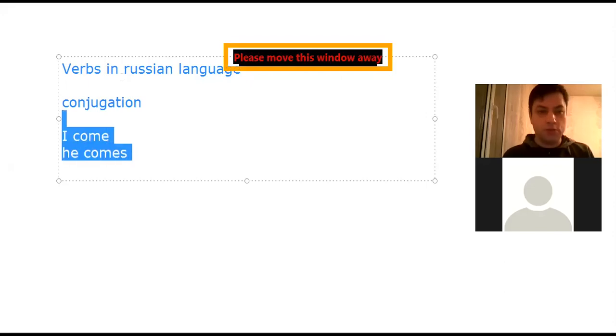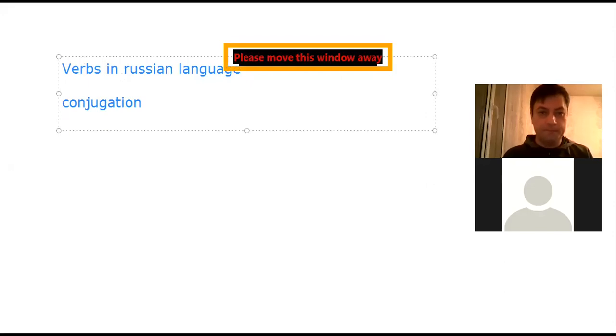However, in Russian, it's more complicated than that. I will give you an example.